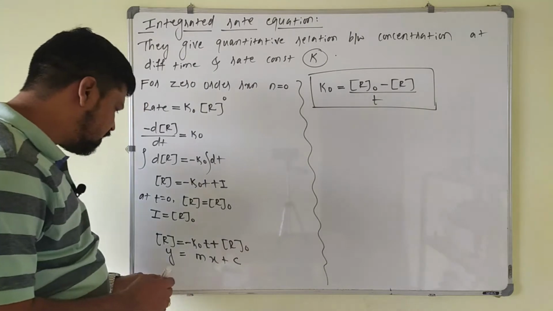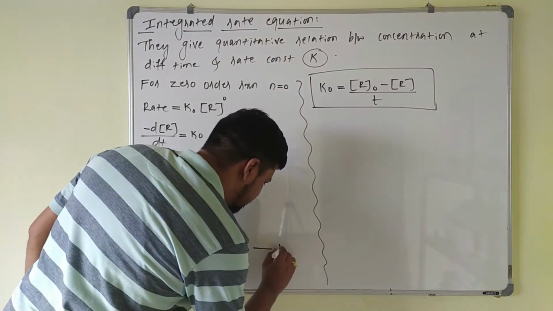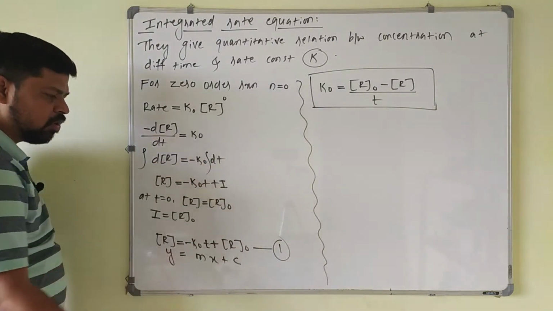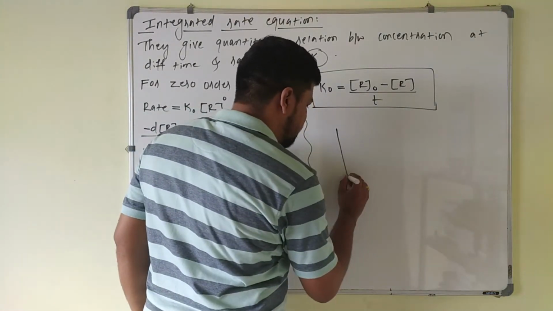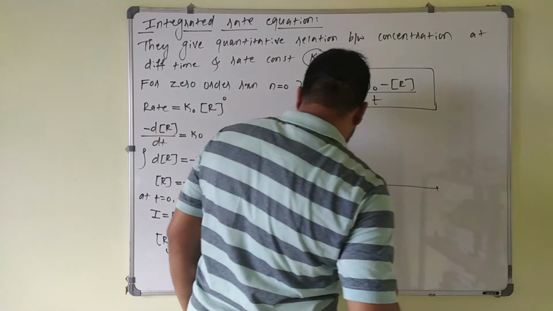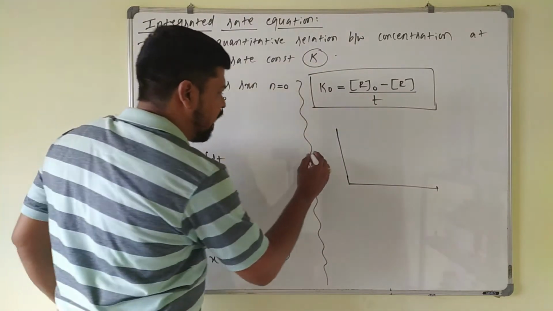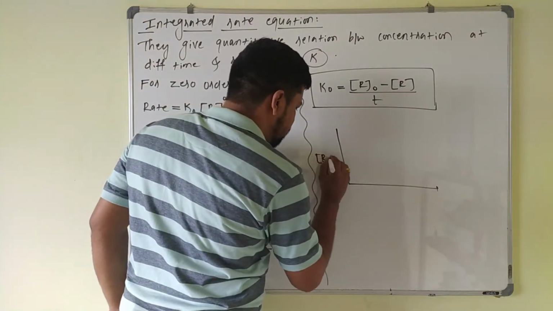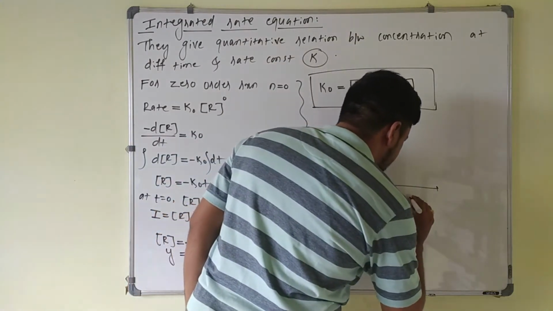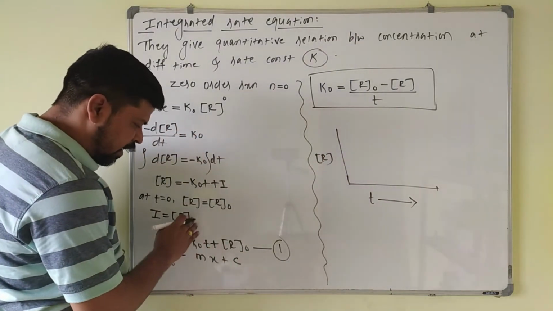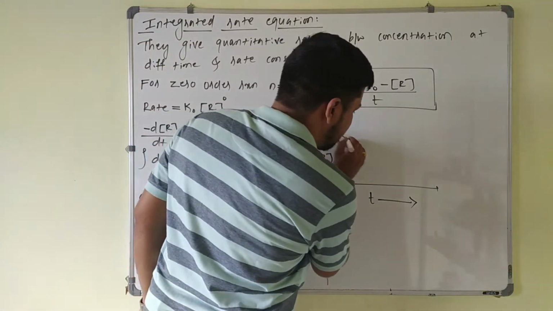Next, from this equation, y is equal to mx plus c, if you draw the graph here, it will be like this. I'll take R along the y-axis and time along the x-axis, and then you will get a negative slope like this.